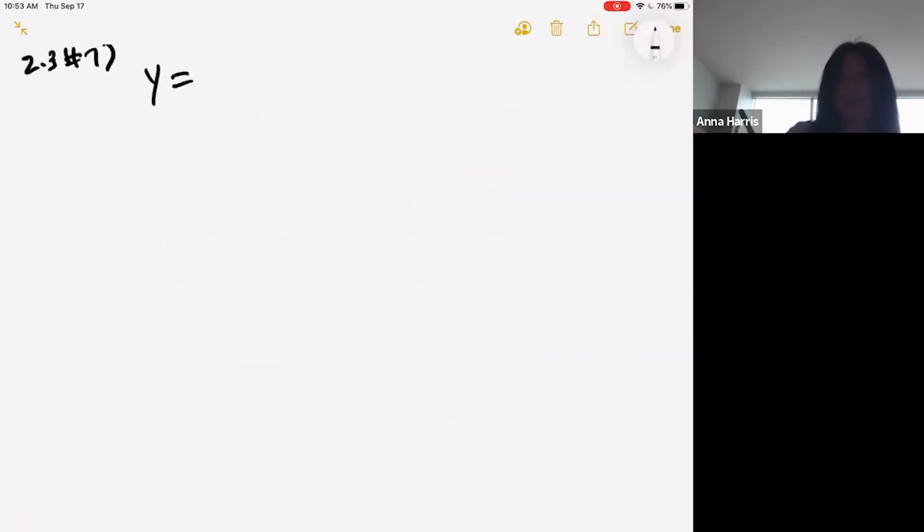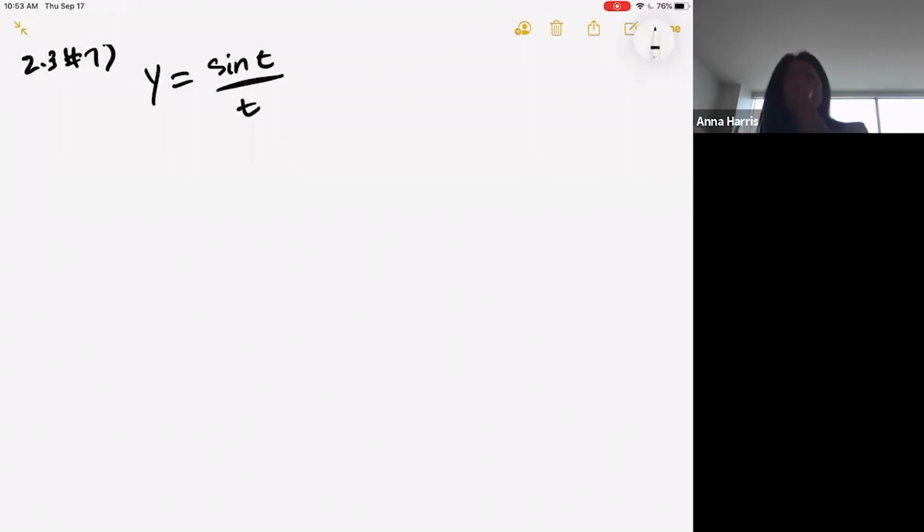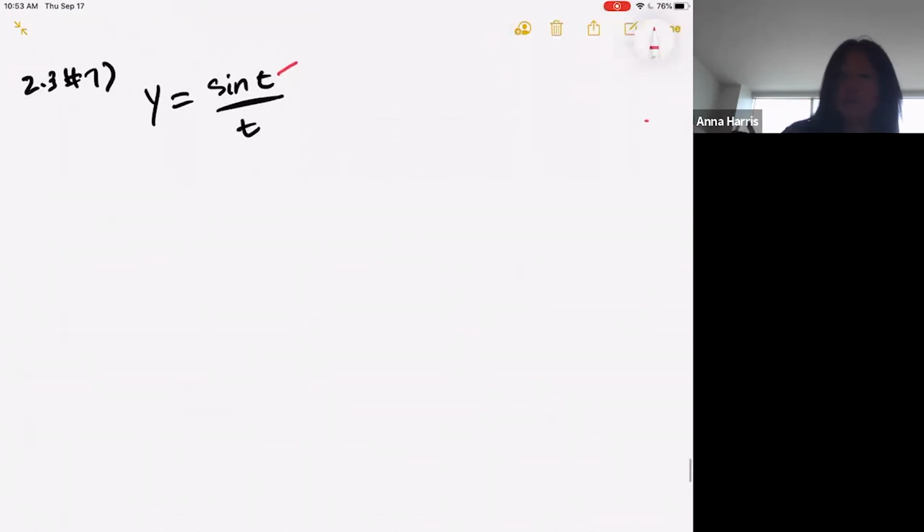So y is equal to sine t over t. So I want to take a derivative of this. Okay, the quotient rule. I'm going to put this to be my f. I'm going to call this to be my g.